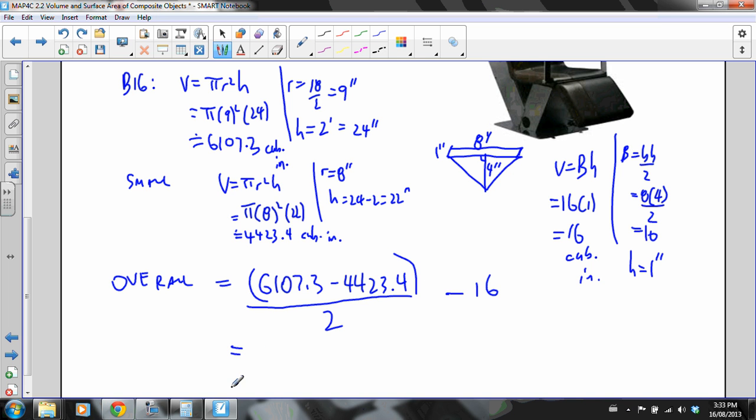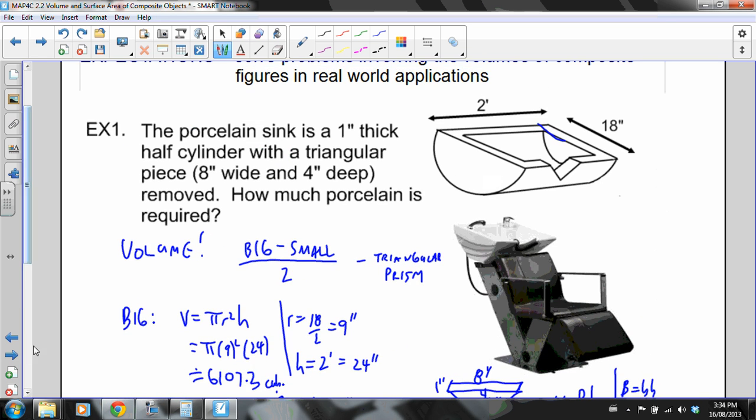And you bash that into a calculator, you're going to get 841.95. Subtract 16, which is about 825.95 cubic inches of porcelain. And that sounds like a lot. Maybe it is. I don't know. I've never made a porcelain sink before.